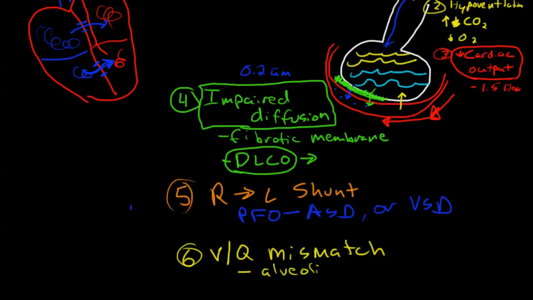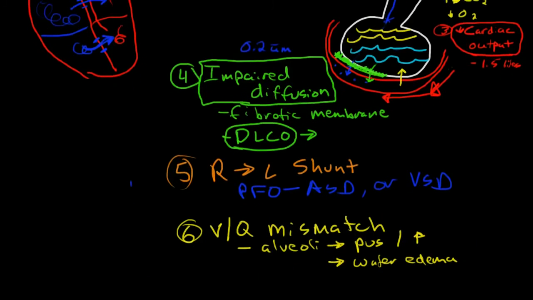So it could be alveoli filled with pus, and it's still being perfused because of vasodilation from the inflammatory mediators, or the alveoli may be filled with water because of edema, because of CHF, and there's no vasodilation here. However, because of increased venous pressure, it's going to sort of stent the veins open, and it's going to cause perfusion of edematous alveoli.